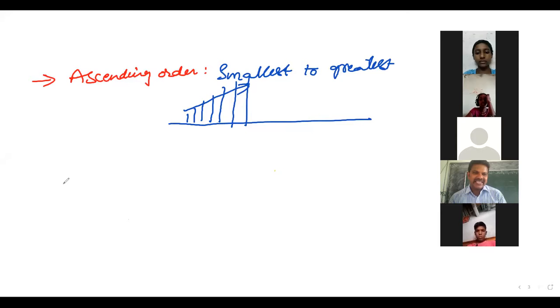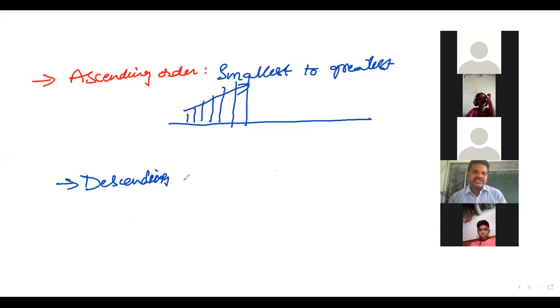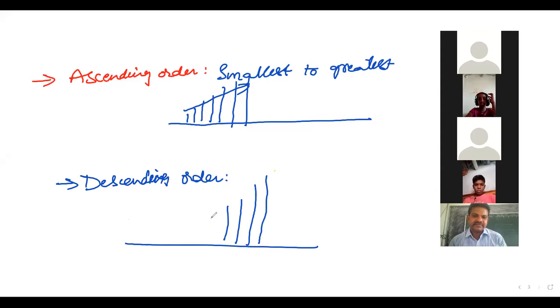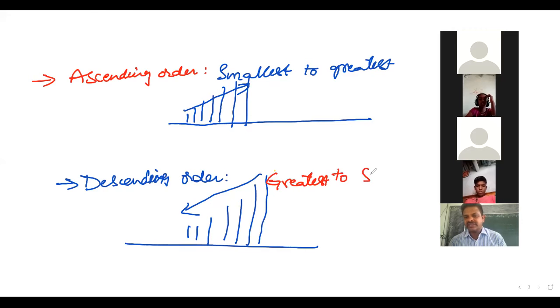Ascending order and then descending order. This is the reverse of ascending order. Next, it is coming down. You arrange the numbers from greatest to smallest.